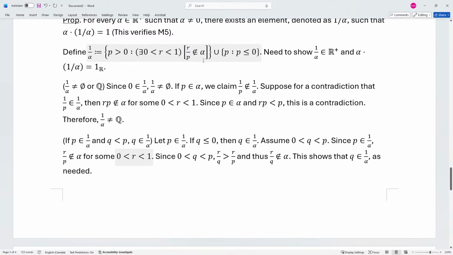So 1 over alpha must contain a positive, right? But I didn't even show that it contains a positive. Does it contain a positive?